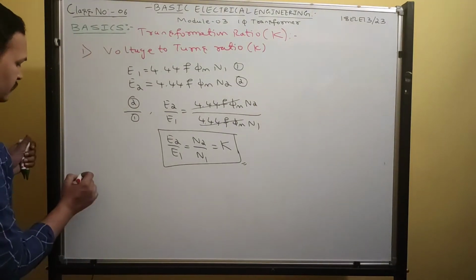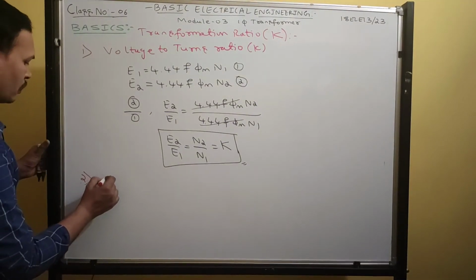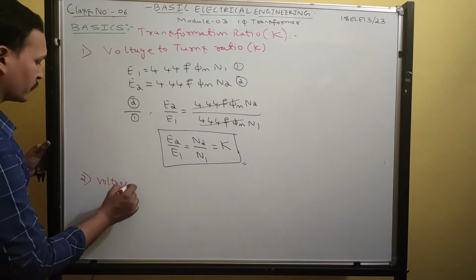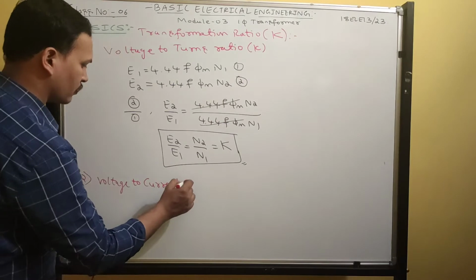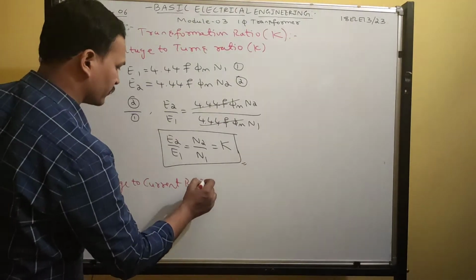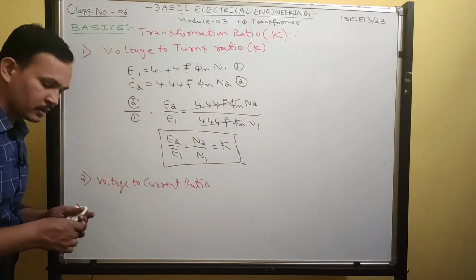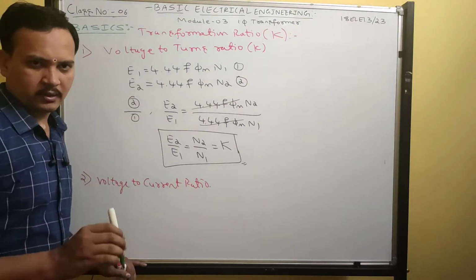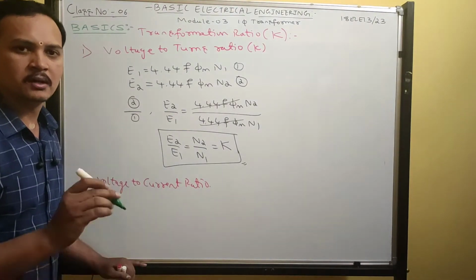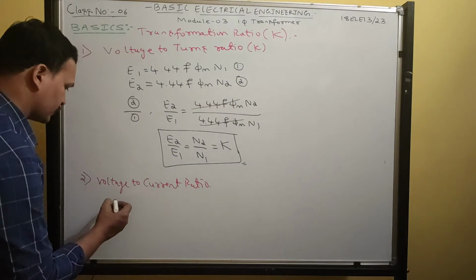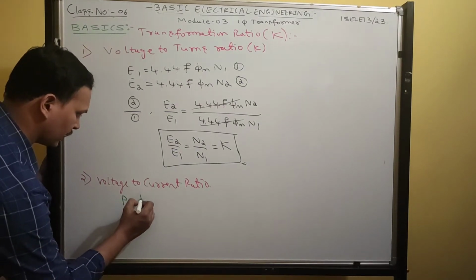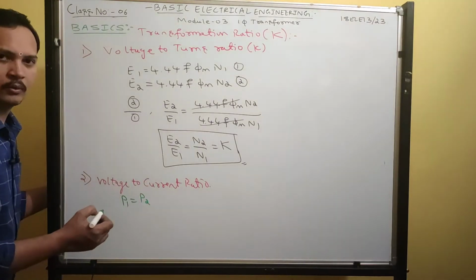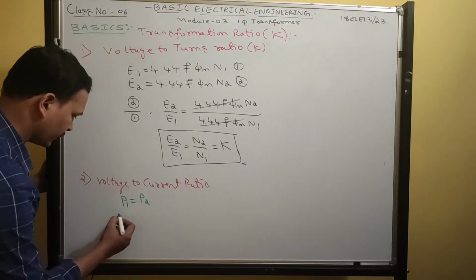So the second one is voltage to current ratio. See, in a transformer, the primary power and secondary power will be the same. So we can write primary power P1 and secondary power P2 are the same.